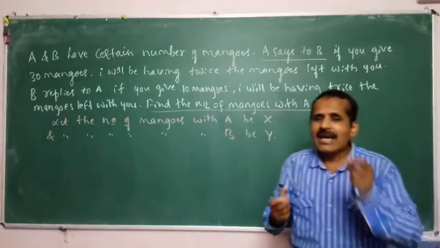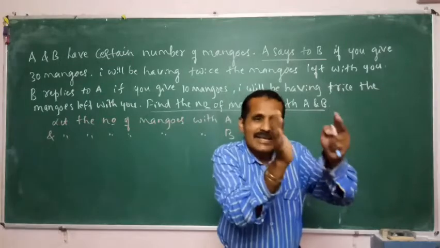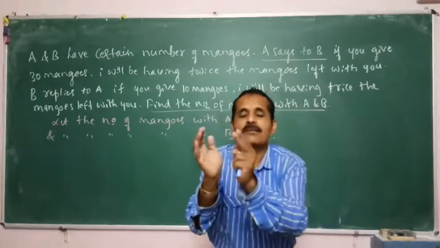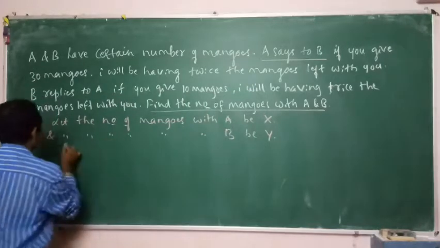Now let us see. Once 30 mangoes are going from here to here, the mangoes will increase here, and decrease here. Let us find what happens.